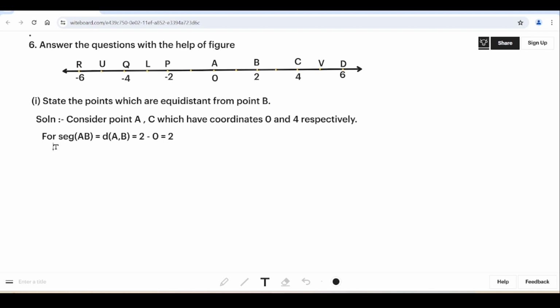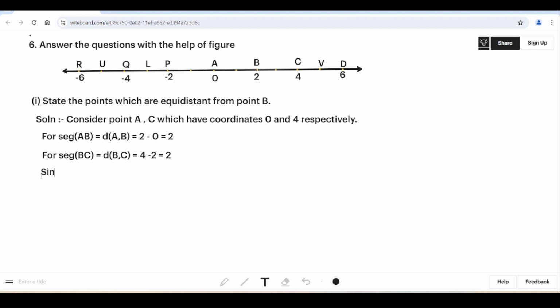Now similarly for segment BC, that is equal to the distance between B and C. Now B has coordinate 2, C has coordinate 4. 4 is greater than 2, therefore 4 minus 2 is equal to 2.